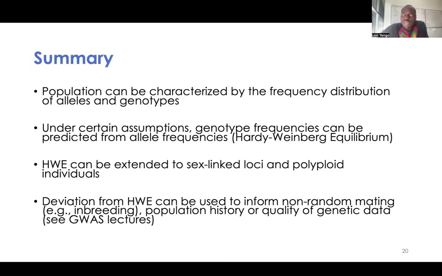More generally, a deviation suggests that one, if not many, of those assumptions might be violated. This is something you will cover in the GWAS lectures, for example, as a way to detect quality or genotype issues in the data.